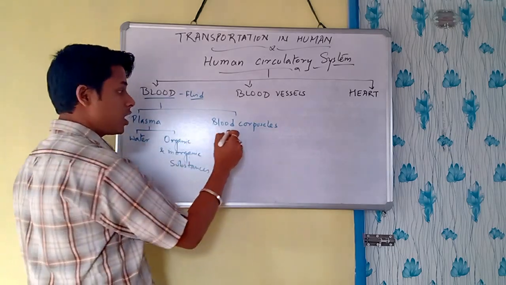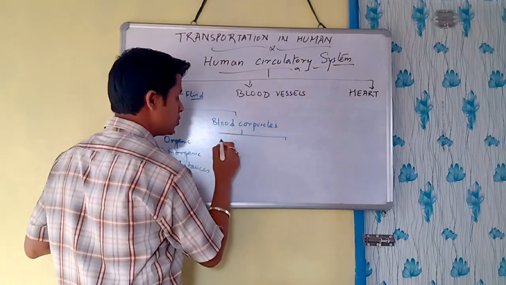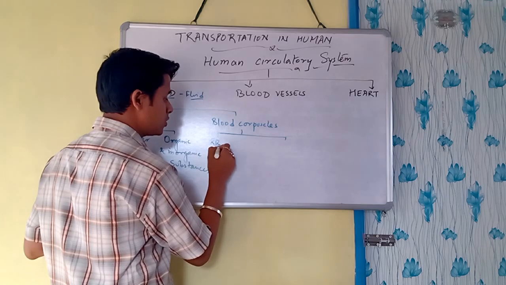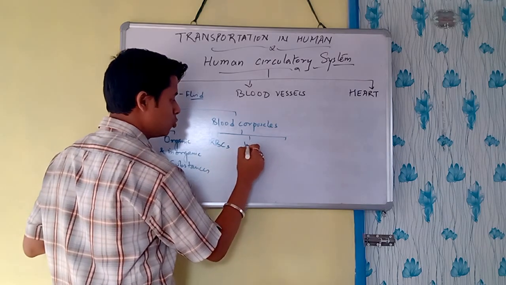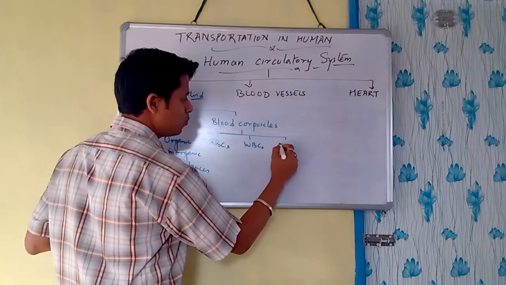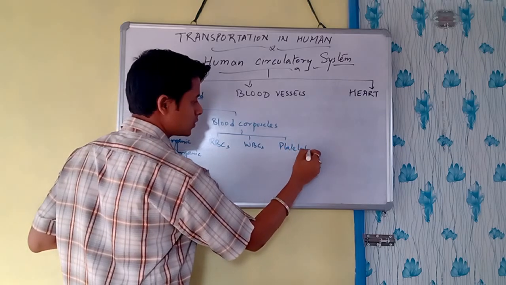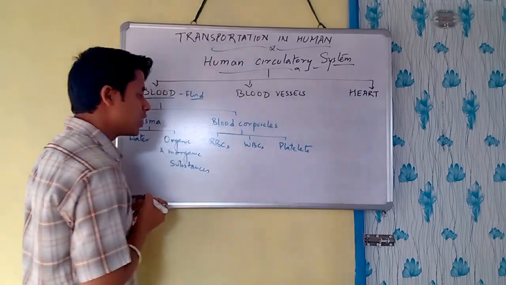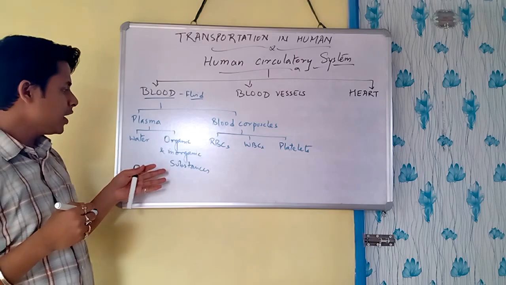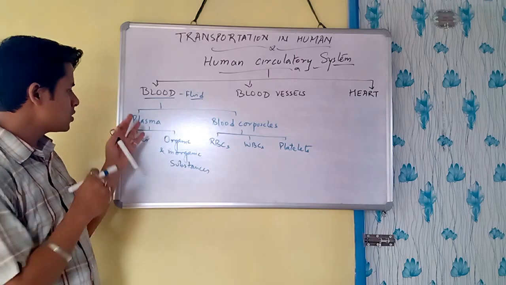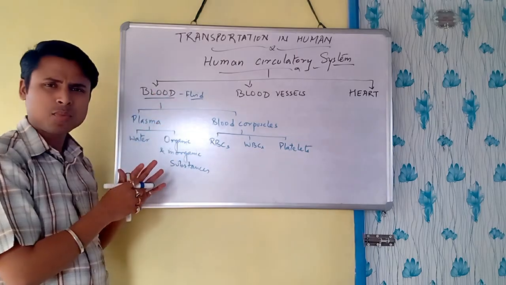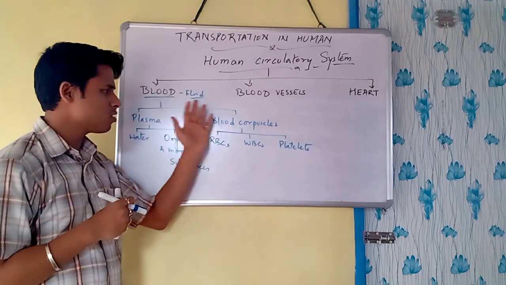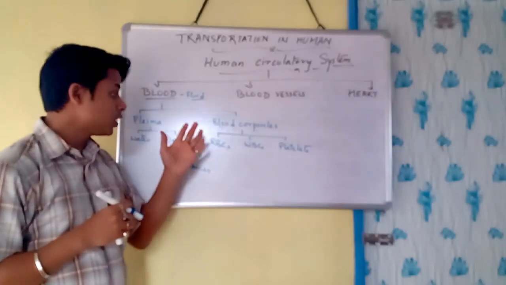Blood corpuscles are again classified into three categories: RBC, WBC, and platelets. Plasma is the fluid part, and these are the cells.